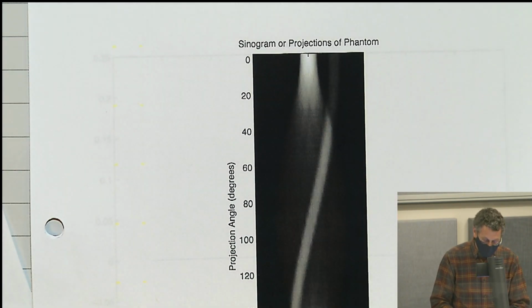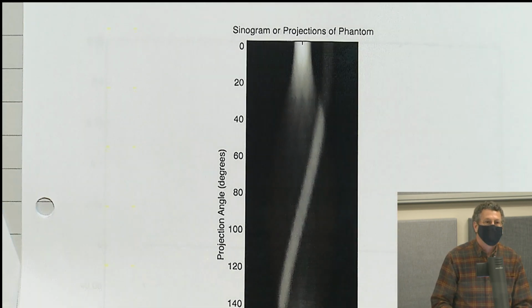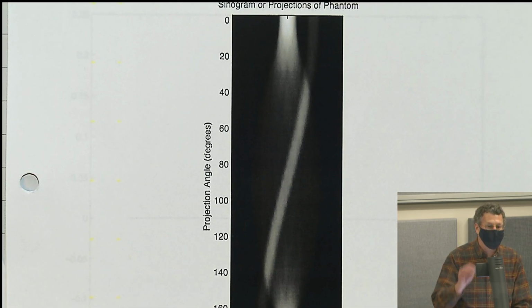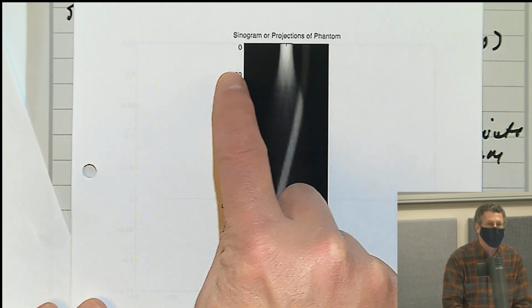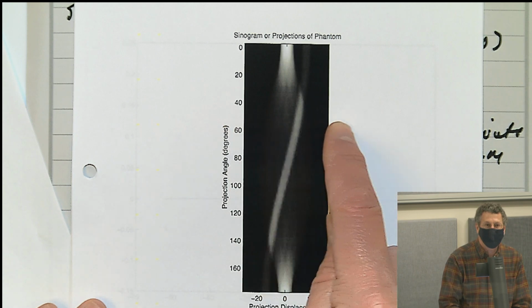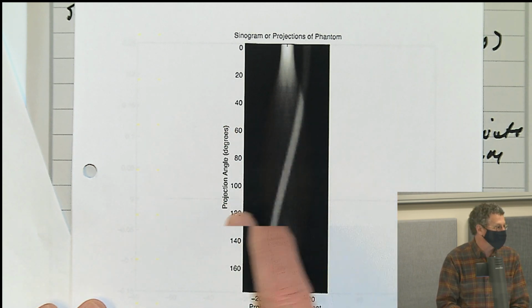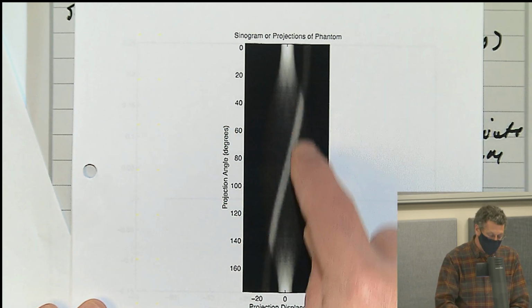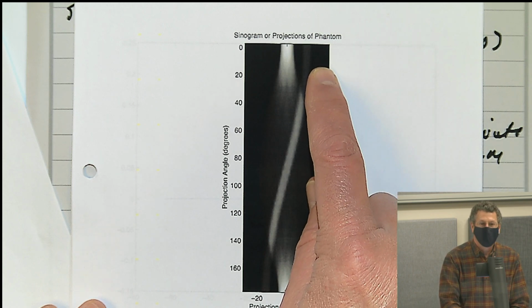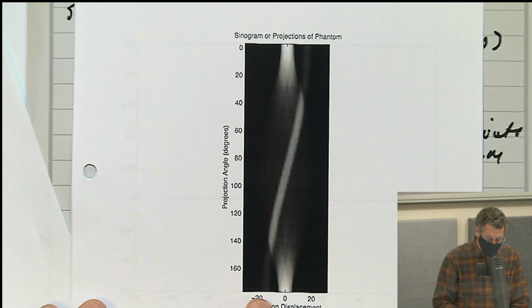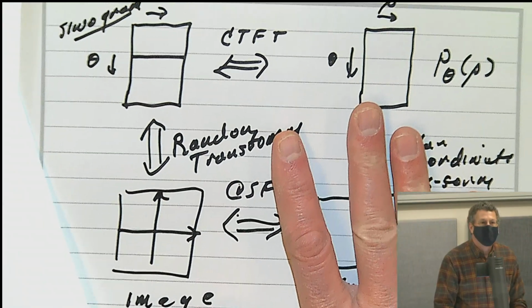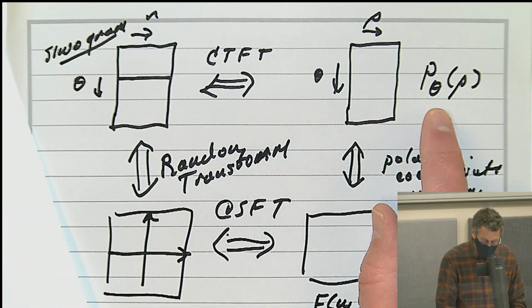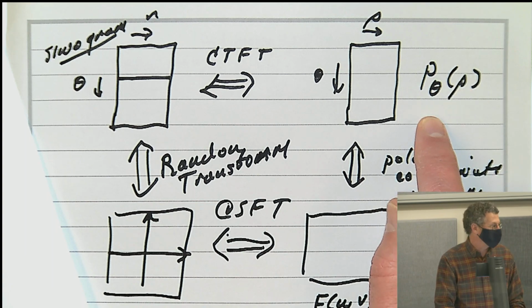Now, if you take this sinogram function and you take its Fourier transform along rows, so you take the 1D Fourier transform along the rows, you'll get a new 2D function, which is a function of angle and frequency. And that function is here. I'm not even going to plot it, but it would be some kind of function.